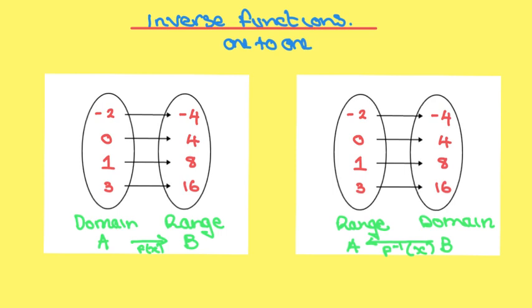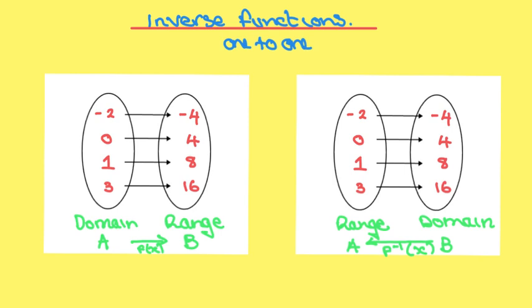Because let's take y equals x squared. 1 squared is 1, but also minus 1 squared is 1. So then when you put 1 into the inverse function for x squared, how does it know to go to either minus 1 or 1?